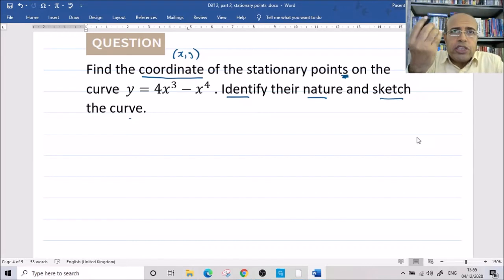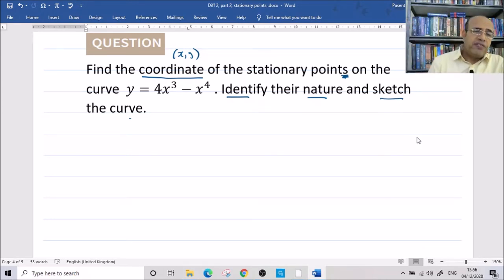What do you mean by sketch? We have two words, draw and sketch. Sketch means draw the axes without putting 0, 1, 2, 3, 4, just put the required points. But if I say draw, we have to draw the axes and put 0, 1, 2, 3, and so on.